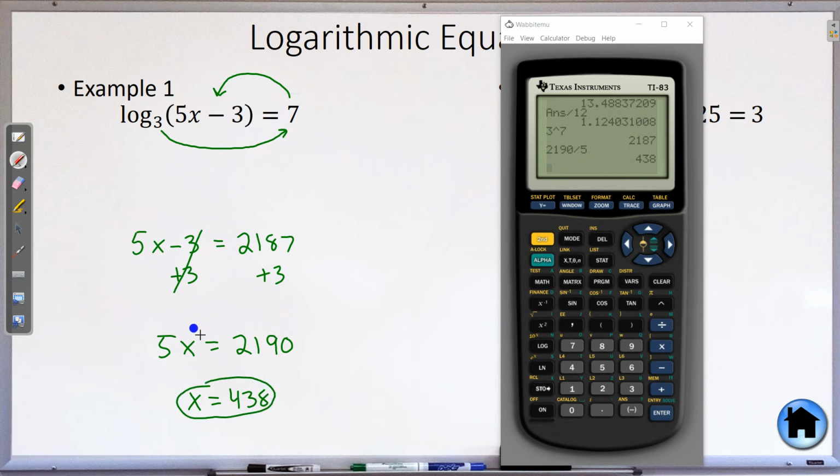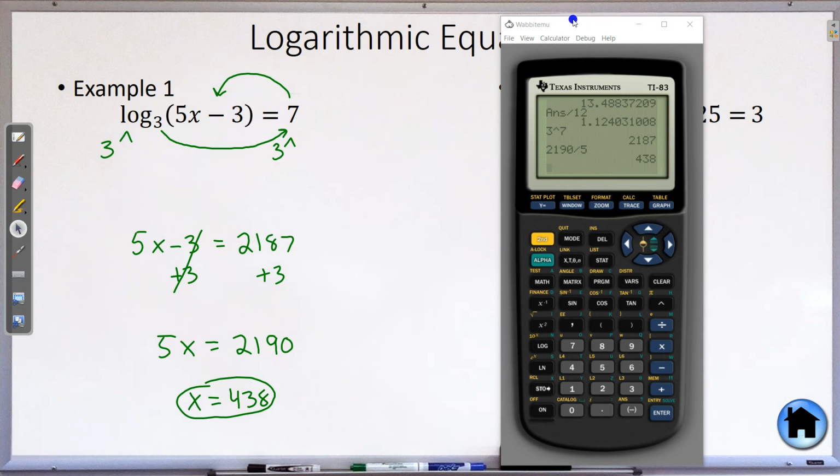So there, the only trick is the very beginning, rewriting the log. 3 to the power of 7 is equal to 5x minus 3, or taking 3 and raising it to the power of both sides, they accomplish the same thing.